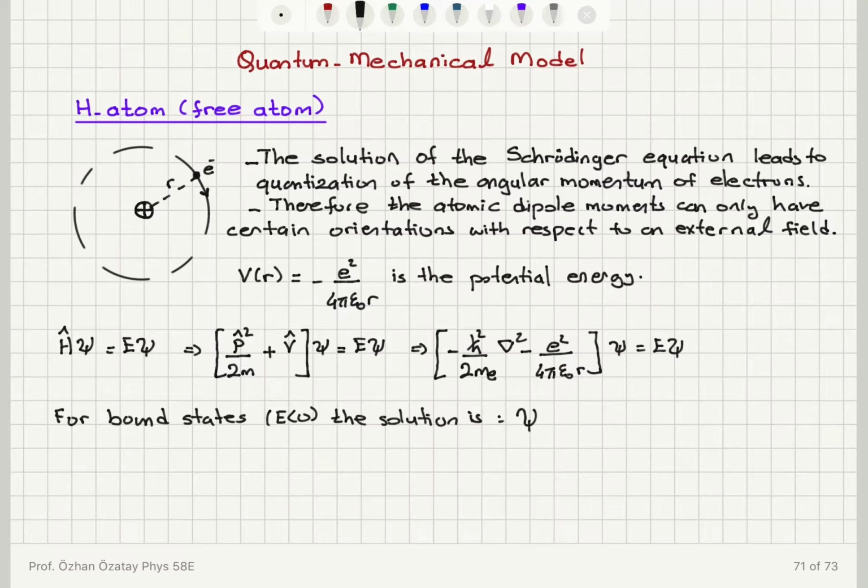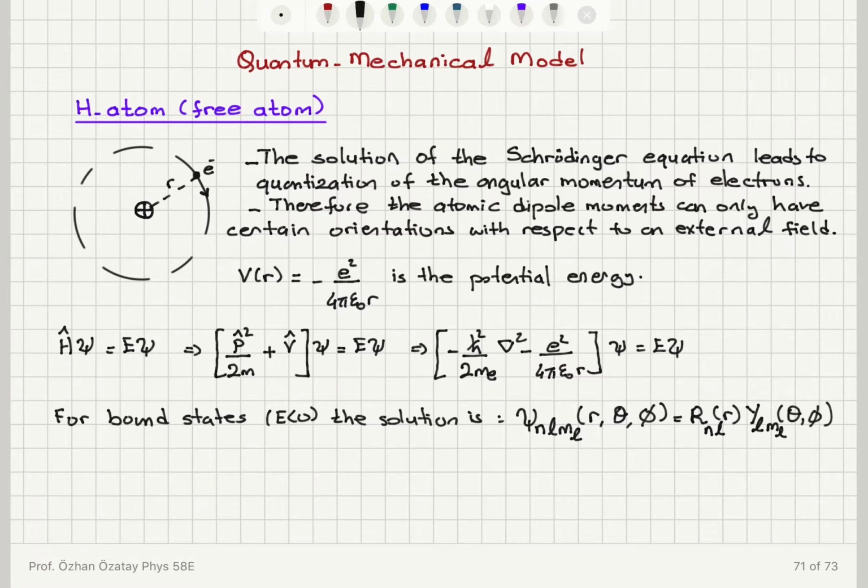Psi ends up having 3 quantum numbers, n, l, and m sub l, as a function of r, radial distance, theta, polar angle, and phi, azimuthal angle. It has a radial part which gives us the quantum numbers n and l, and then we have the angular part, which has the quantum numbers l and m sub l. So this has theta and phi dependence.